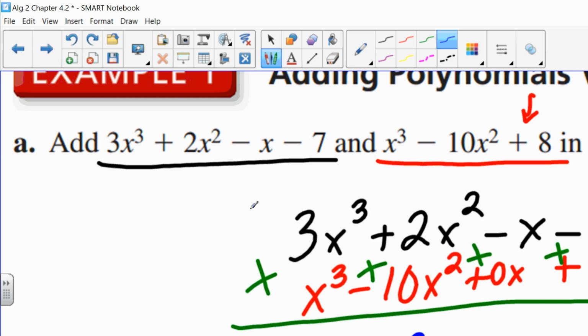And negative 7 plus 8 is 1. That's it. That's all we have to do for this here.